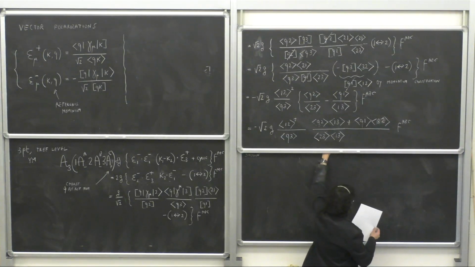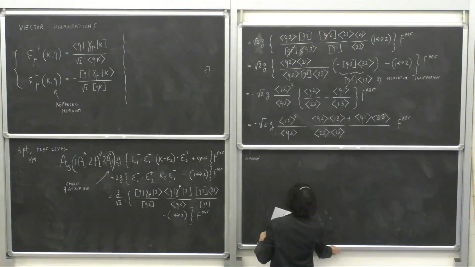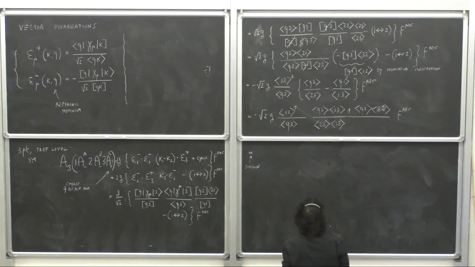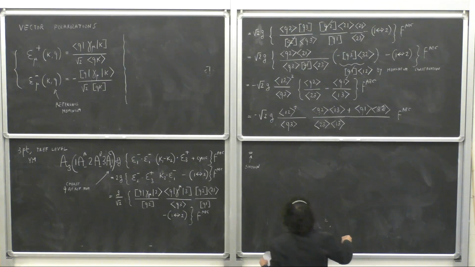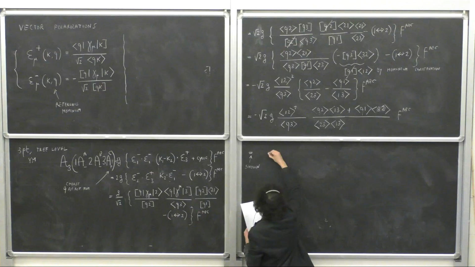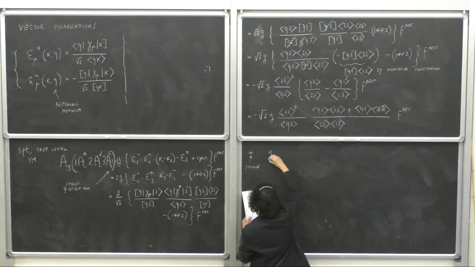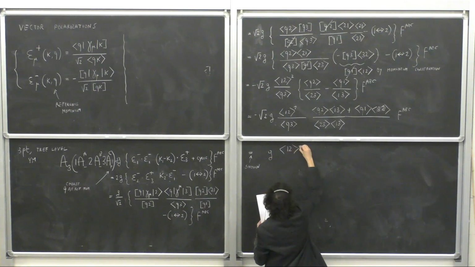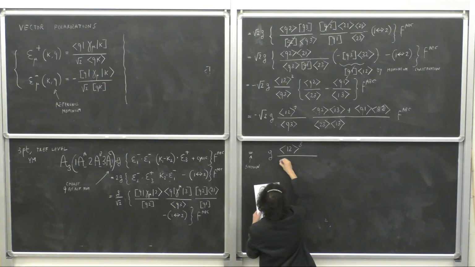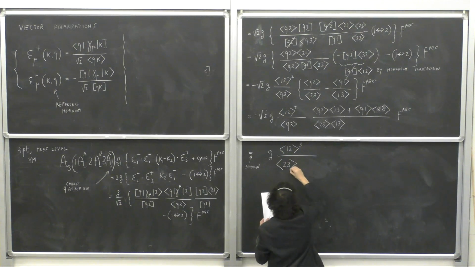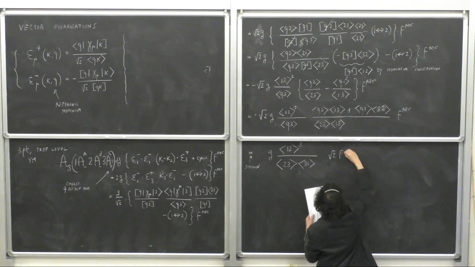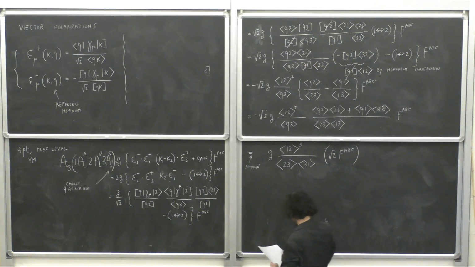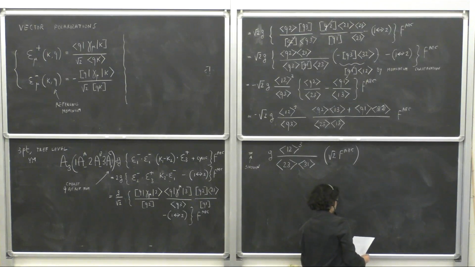After you plug that inside, simplifying these terms, you would get the result: G, 1, 2 to the third power, and then 2, 3, 3, 1, which is a remarkably simple expression. For reasons that will be clear in a second, I will give the square root of 2 to the color factor, or if you like, to the f^{abc} structure constant.